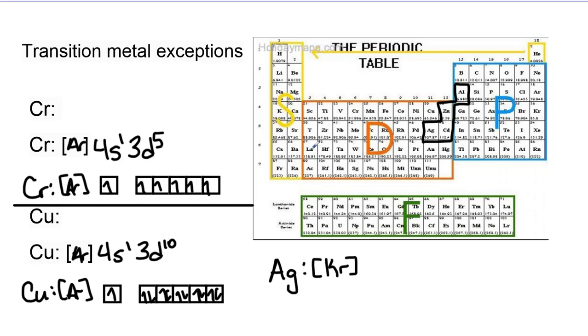Then our next row after krypton is going to be 5s2, 4d9. But by the same logic as copper, it's going to be 5s1, 4d10. If we're analyzing this for number of valence electrons, there is only one valence electron. And if you remember back to when we labeled our fixed charges, silver we remembered is always +1, and this is why.